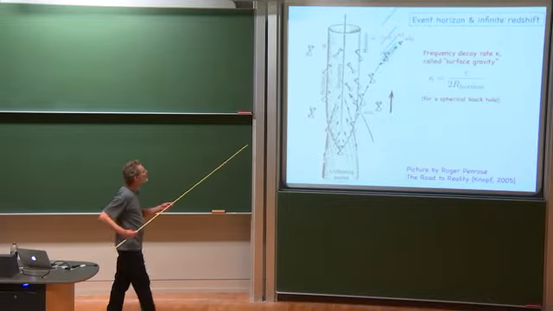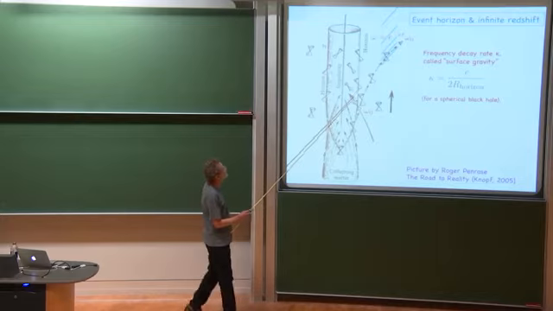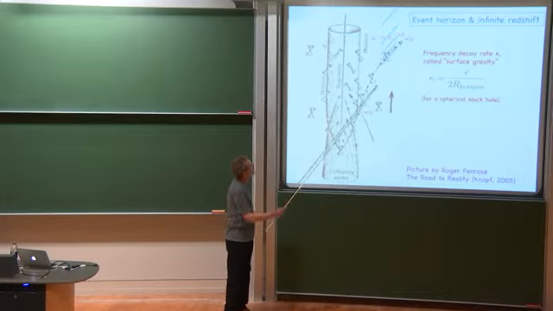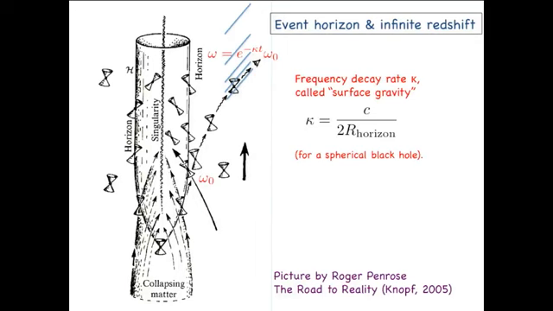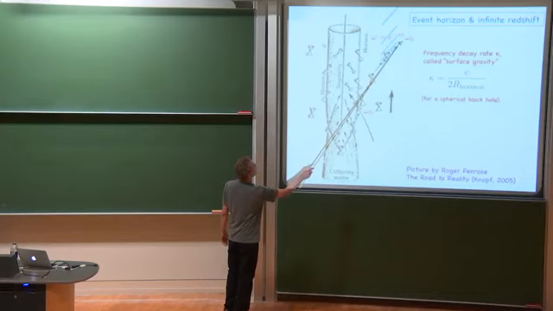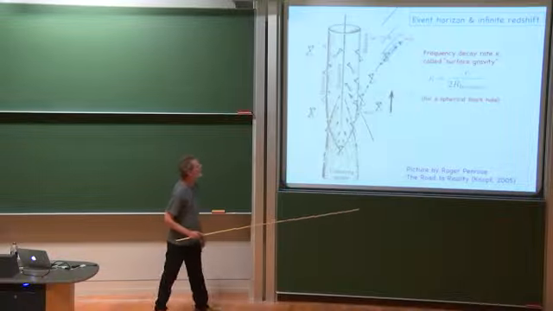And that peeling is described by a redshift factor that actually depends on how long the peeling has been happening for. So to quantify that, considering, let's say, a source that falls across the horizon here and is emitting radiation with a frequency omega naught, we can look at what would the frequency of that be when it's received up here, a time t later as measured by these asymptotic observers.